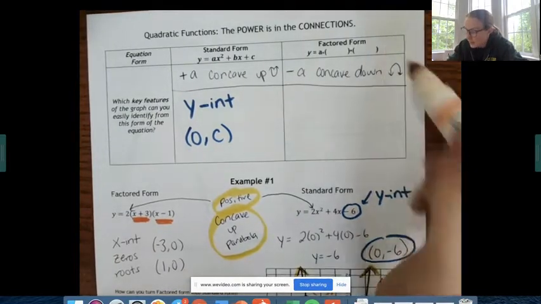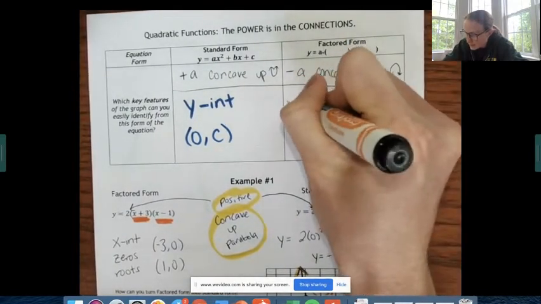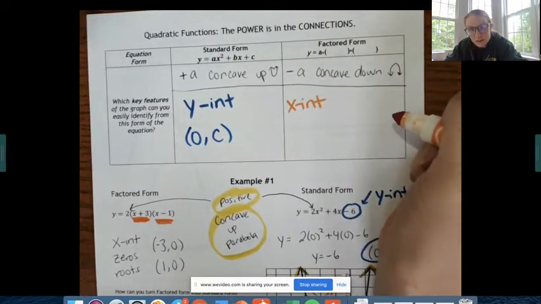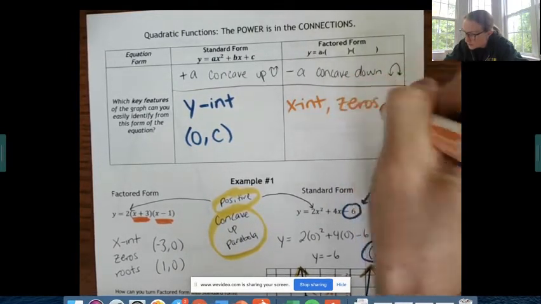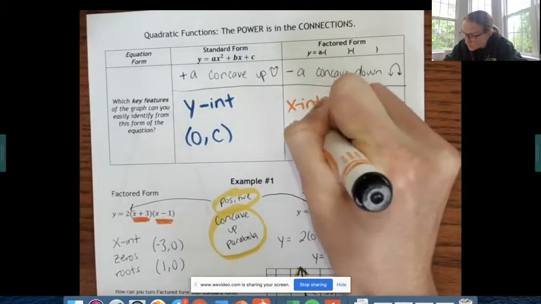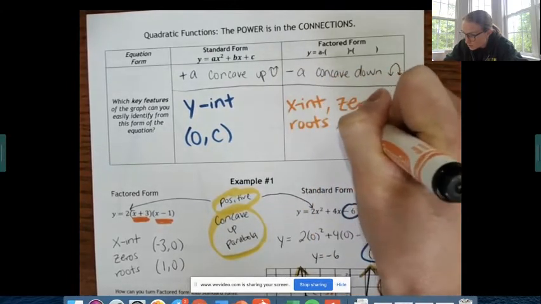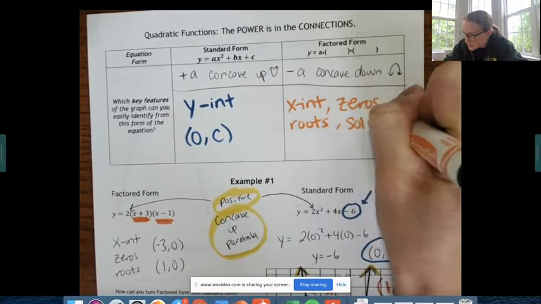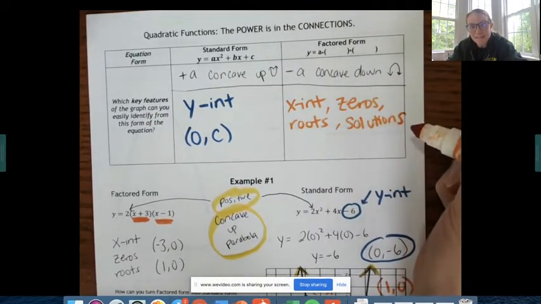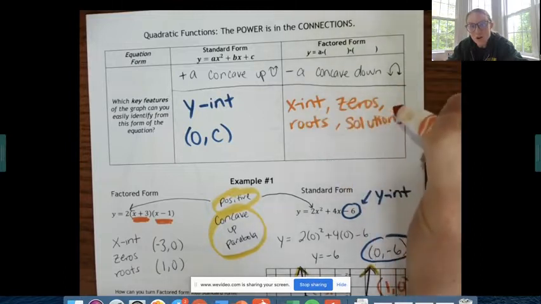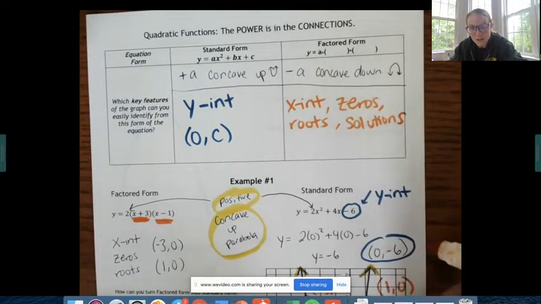And then for factored form, we can see our x-intercepts. Some other words for x-intercepts are zeros. We can also call these roots or solutions. I know this is super confusing to have 4 words for the same exact thing, but these all mean x-intercepts.